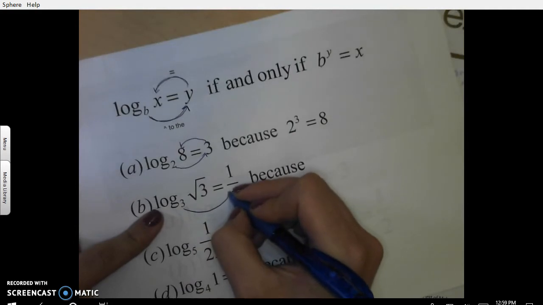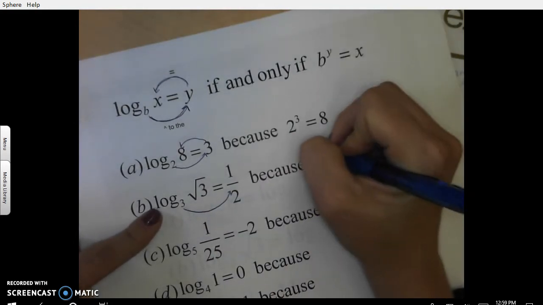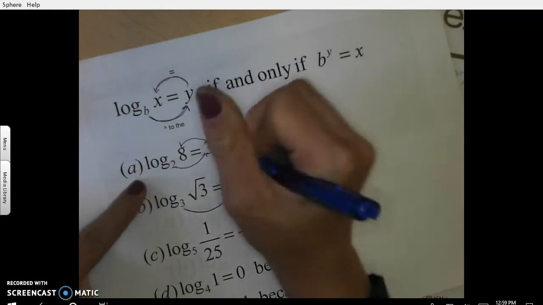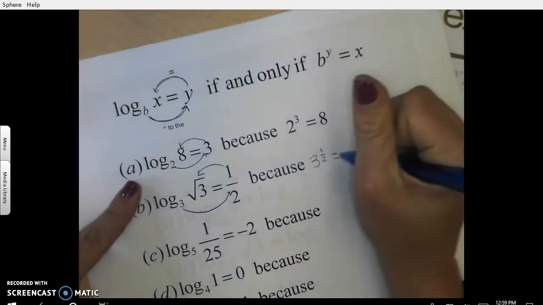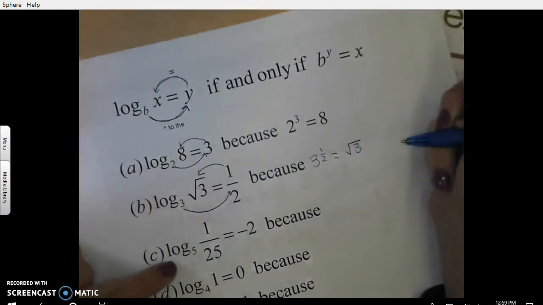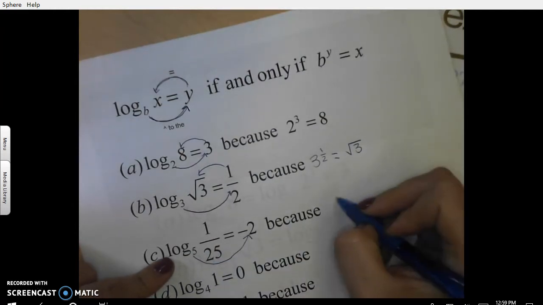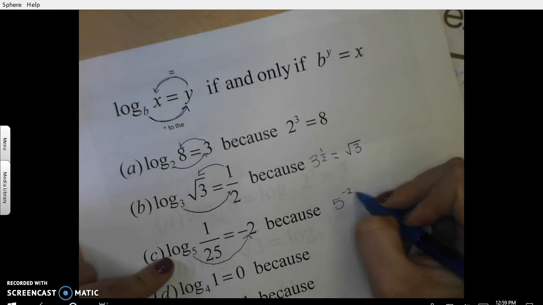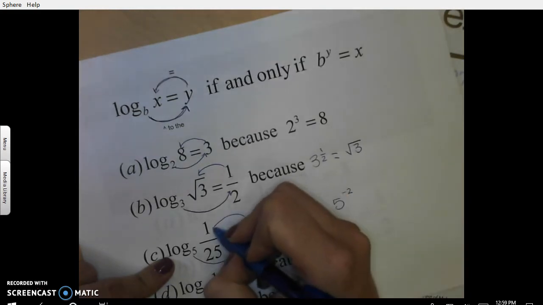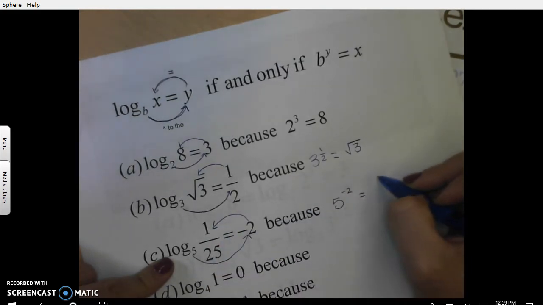3 to the 1/2 power is equal to the square root of 3. 5 to the -2 equals 1/25.